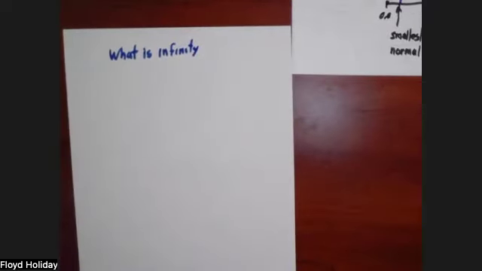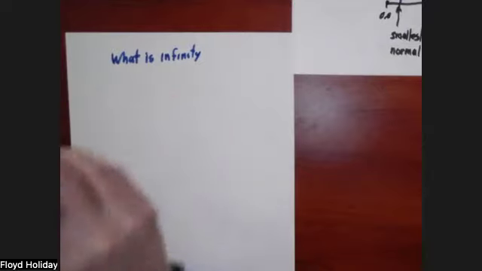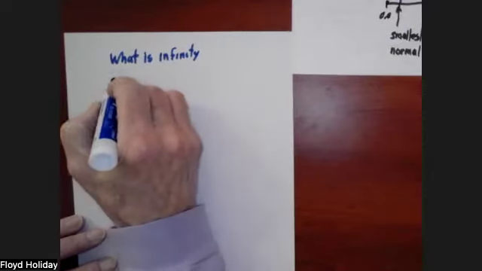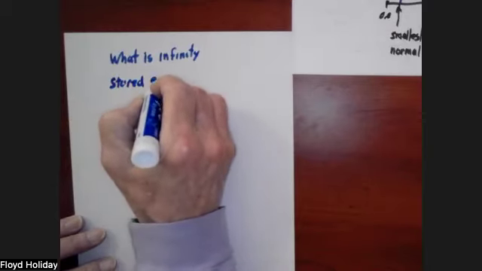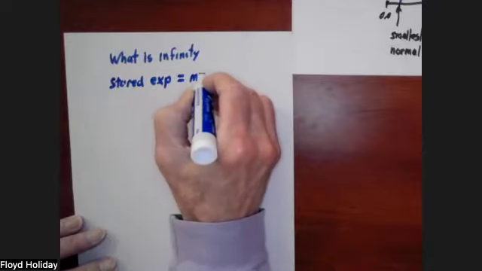To define infinity, its stored exponent is as large as you can make it. Stored exponent is maxed out.